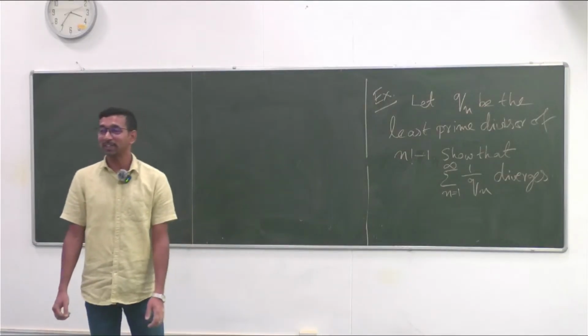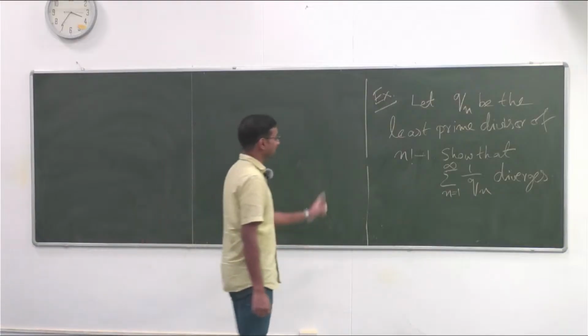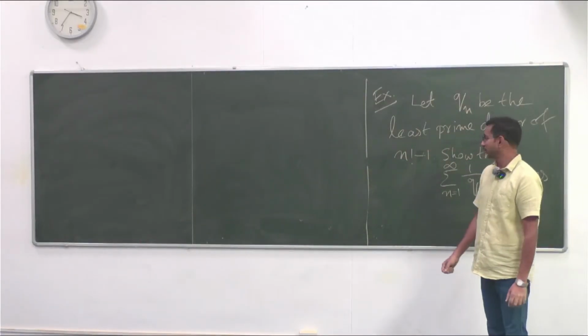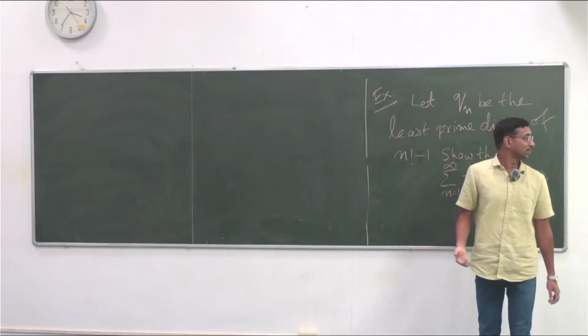How? P minus 1? No, this time p minus 1 won't work because p minus 1 factorial minus 1... Wilson's theorem says that p minus 1 factorial plus 1 is divisible by p.